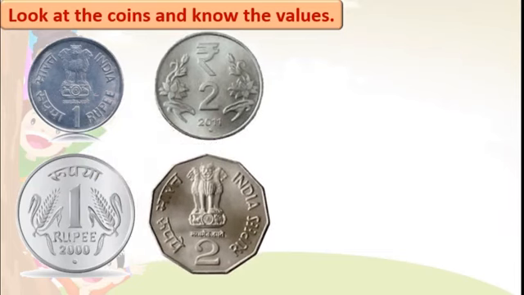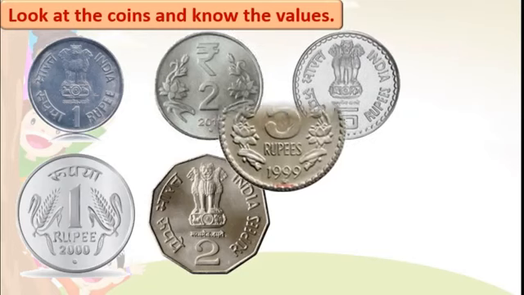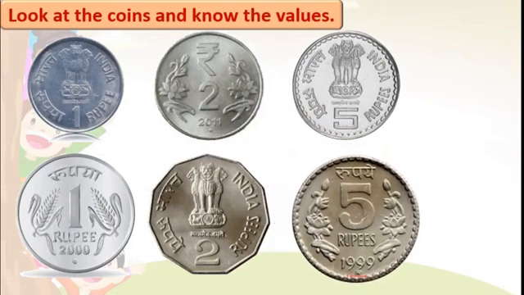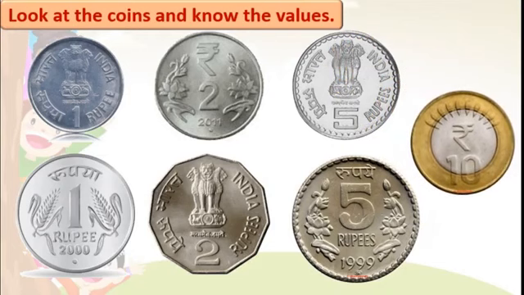This also we can see. Here also we can see the two different coins of 2 rupees. This is a 5 rupee coin. See this. Here also we can see two types. And this is 10 rupee coin. Got this, students? These are the values of these coins.